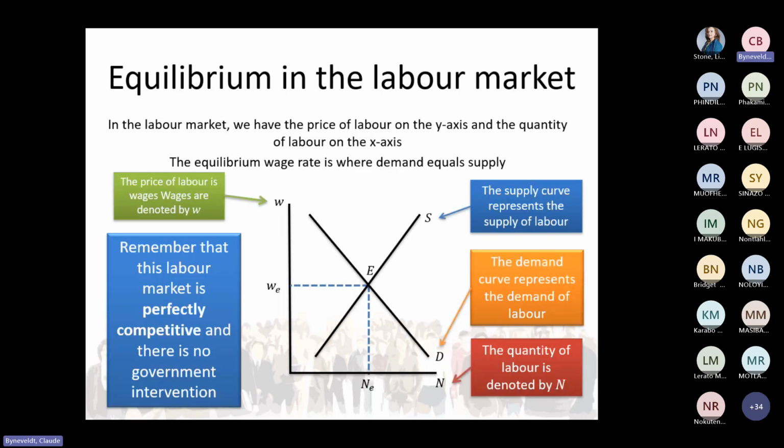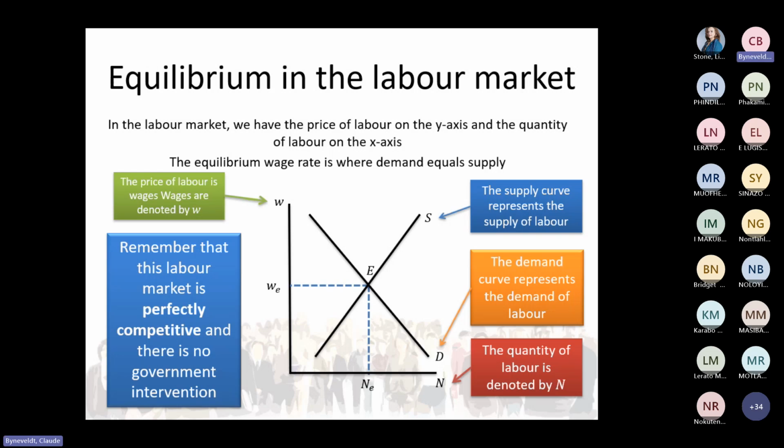So this is a perfectly competitive labor market with no government intervention. Now in the real world, we have government intervention in the labor market. There's the Basic Conditions of Employment Act, and there's the minimum wage that we will deal with now, and other acts that came into being after 94, like the Employment Equity Act.